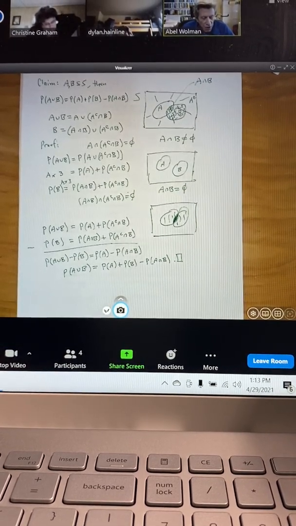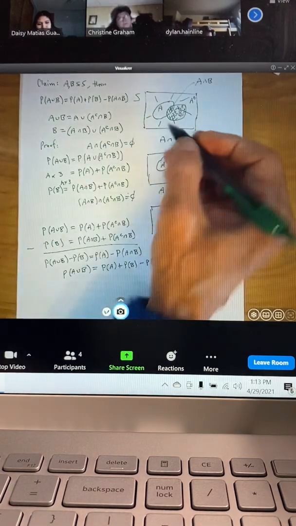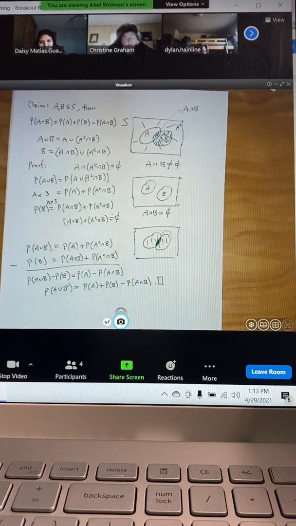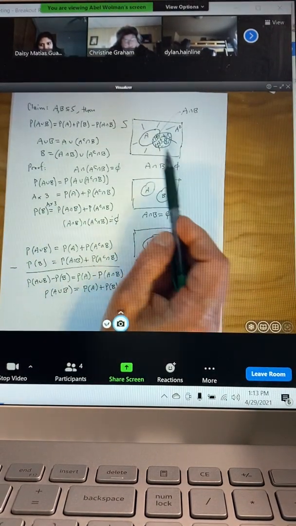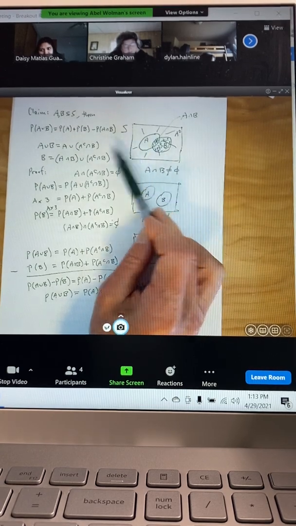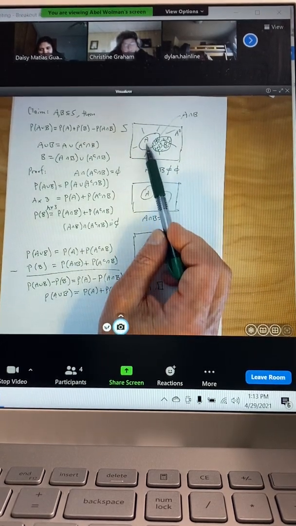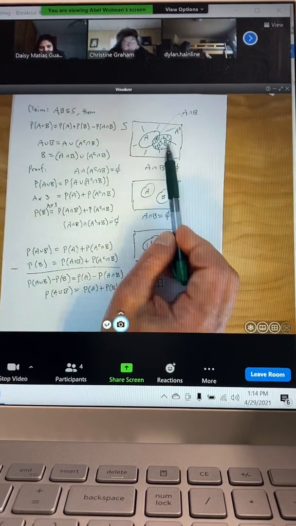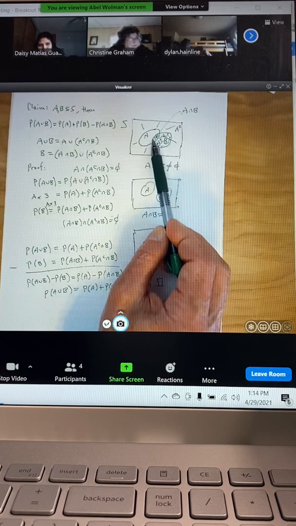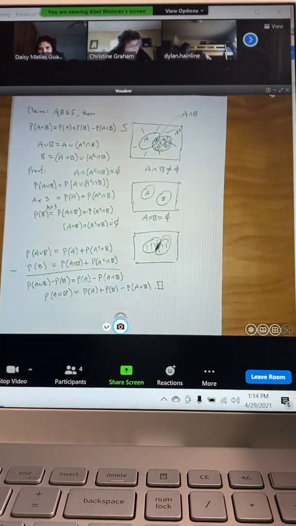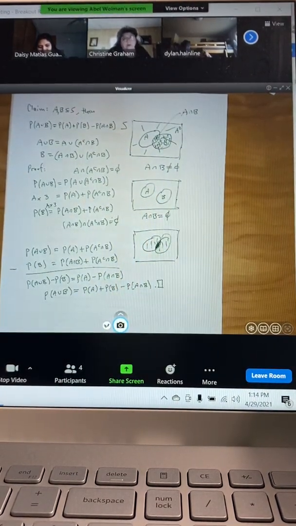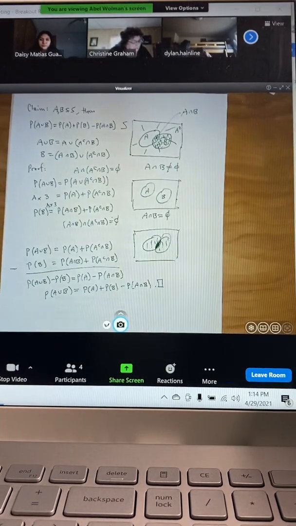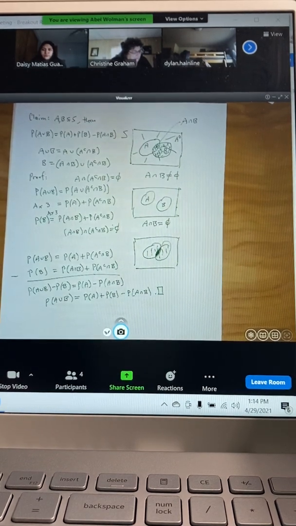So yes, we're still talking about that intersection, this slice here, but we're talking about a product of probabilities, and up to this point, we've been talking about adding probabilities. It makes perfect sense to add the area of this and add the area of this and take away the area of this. But when we start talking about the product, I don't have any obvious way, and maybe it's just because I don't know it, of thinking about that in terms of Venn diagram regions and areas.